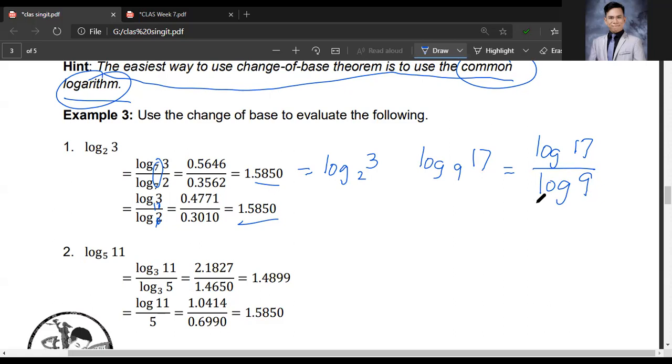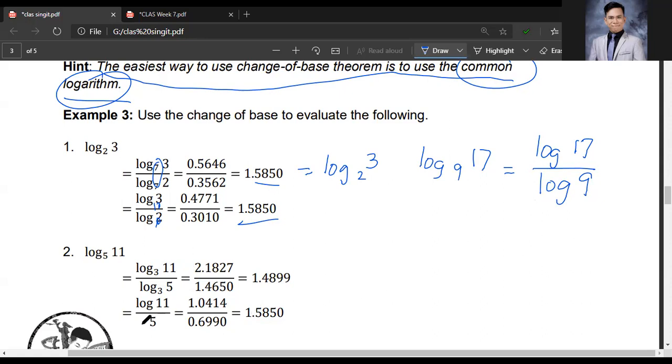And I have one, yung una kong calculator. Wala po yung base na any number, base 10 lang. Kaya kung walang base 10 yung calculator ninyo, pwede nyo gamitin yung change of base theorem to find yung logarithm na hindi 10 yung base.